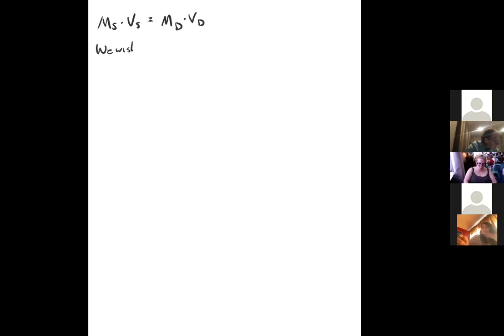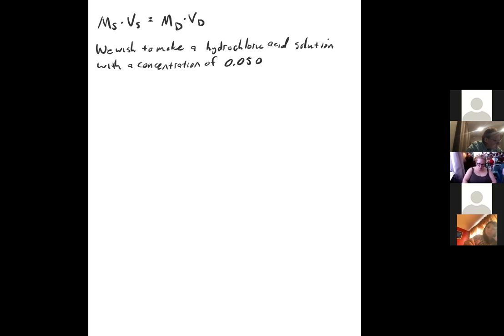We wish to make a hydrochloric acid solution with a concentration of 0.050 moles per liter, molarity, and a volume of 250 ml.